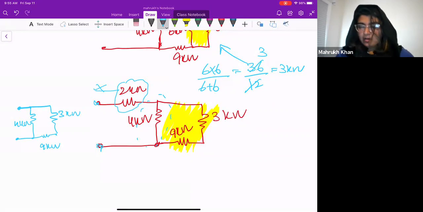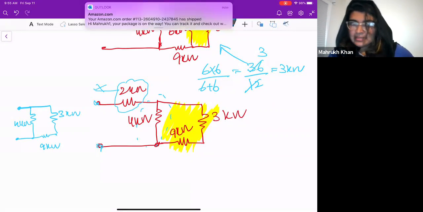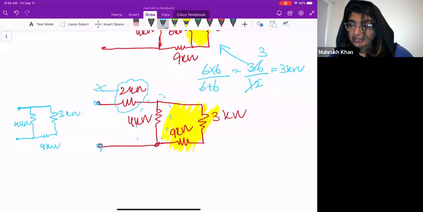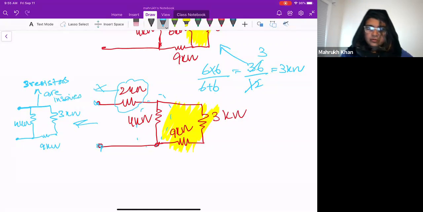But right now, you can see that this 2 kilo ohms is in the circuit, right? And it is dividing the current. That's why you cannot take them in series. So if this is the situation, then 3 resistors are in series, okay?